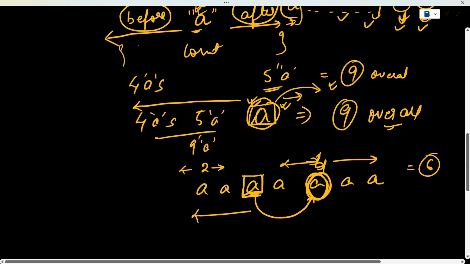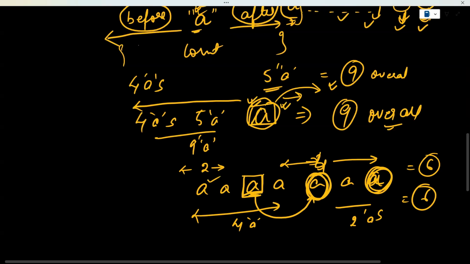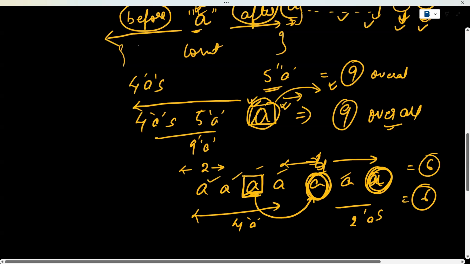Again, we can see 4 before, 2 afterwards. It is the same. For this A, if we ask what is the cost, there are 6 A's in the beginning and no A's at the end. Again, it is 6. So it doesn't matter what the position of this A is. We can easily calculate what cost is being added in the overall cost.